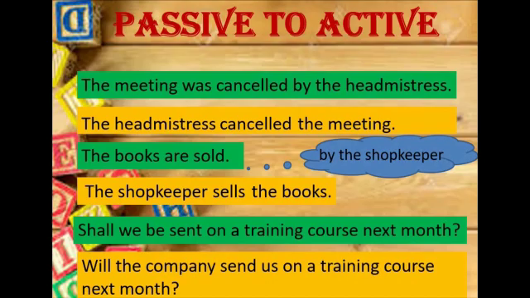Shall we be sent on a training course next month? But who will send us? So that we have to write ourselves. We have to think ourselves. So we are being sent on a training course. So it must be a company. So we'll just write that ourselves. Will the company send us on a training course next month?